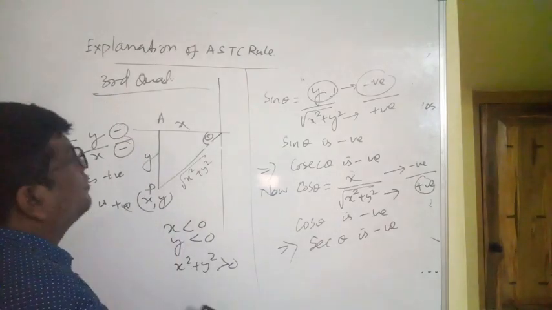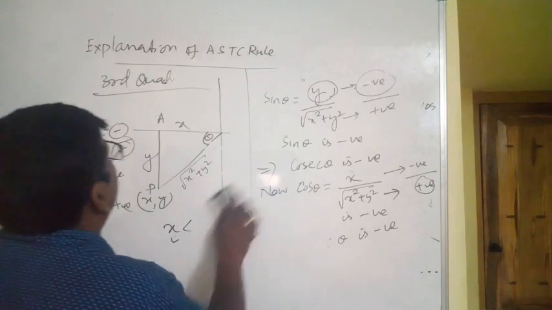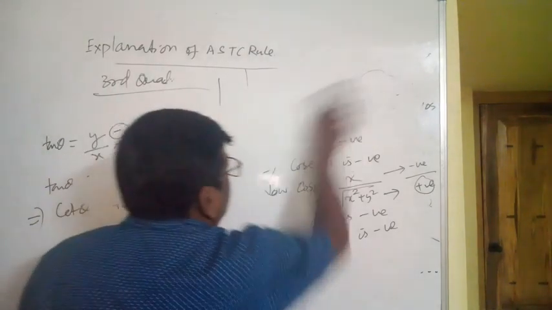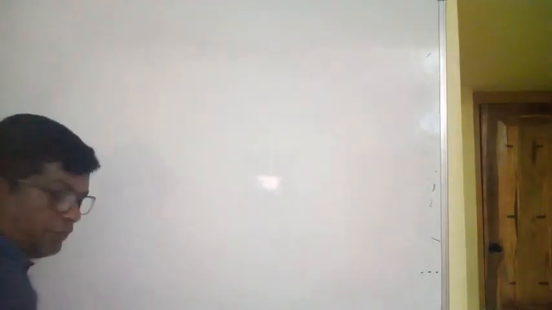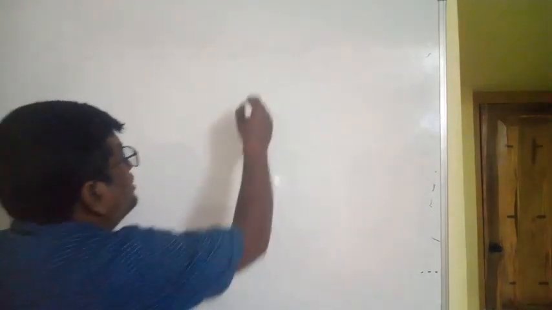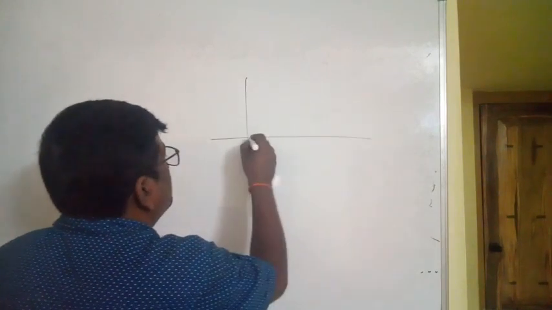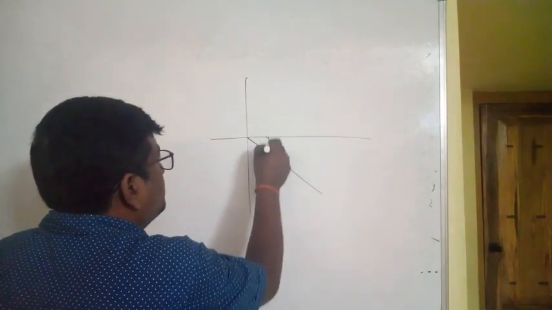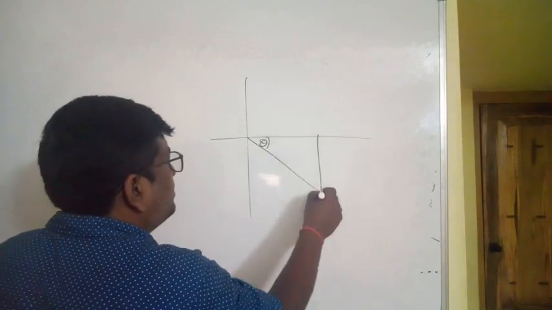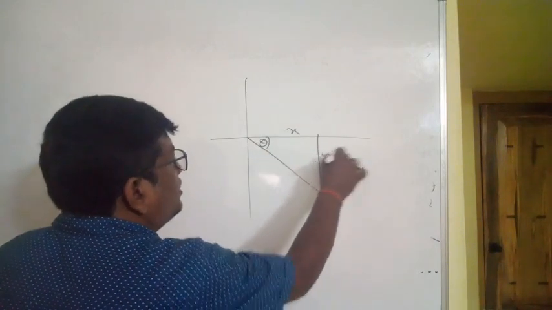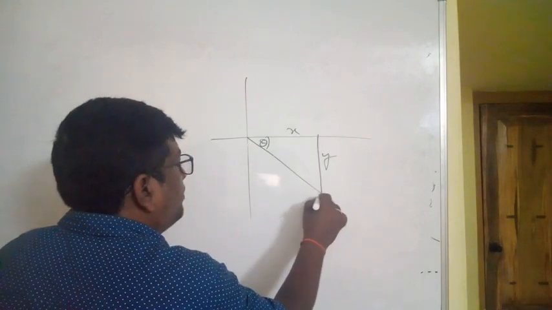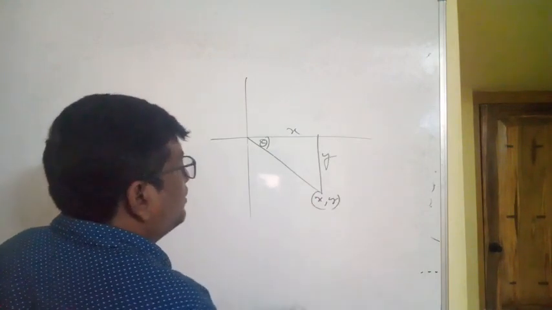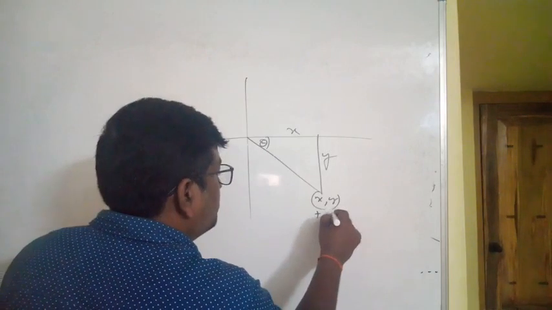Now similarly, to verify for the fourth quadrant, this is the fourth quadrant. Suppose this angle is theta, and this is x and this is y. Here this point is x comma y, this is plus and this is minus.